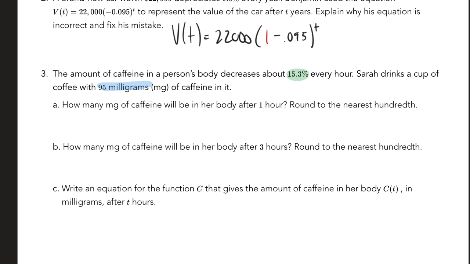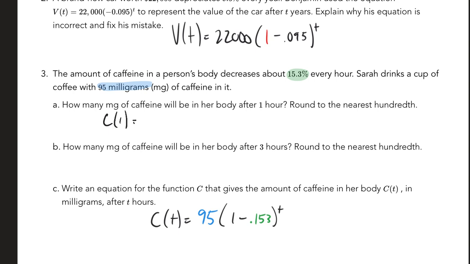So I want us to say C of t, so the amount of caffeine as a function of time. So our starting amount is 95 milligrams times 1 minus, since it's decay, 0.153 to the t power. So again, taking that from the 100% minus 15.3%. Then I'm going to go up and do C of 1, like part A asked me to do.